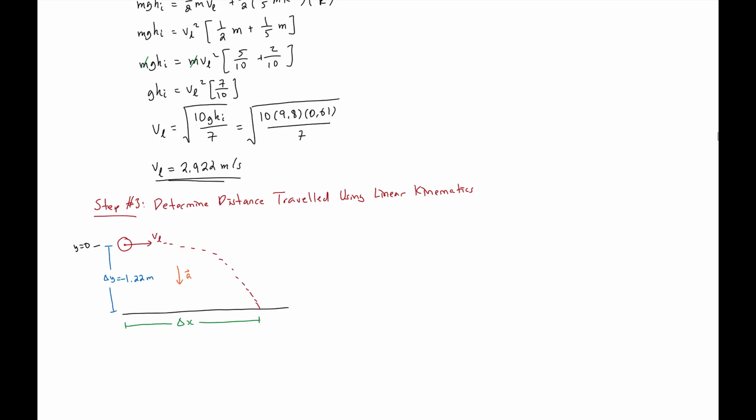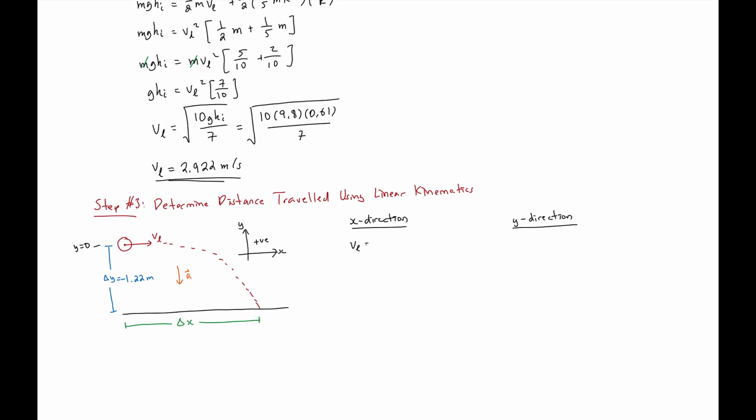Apart from that, acceleration was downwards, and we had our coordinate system like this. So that means we need to look at each of these directions separately. We have our x direction, and we have our y direction. So in the x direction, only one equation works.